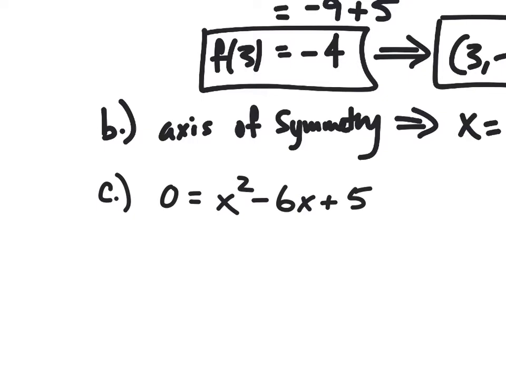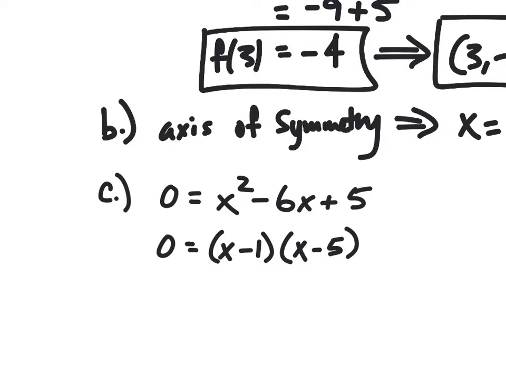Now, I want to see if this is factorable first. Two numbers that multiply to 5 but add to negative 6 are negative 1 and negative 5. So I'm going to factor this, and so I get x minus 1 times x minus 5. And that's how that's going to factor.